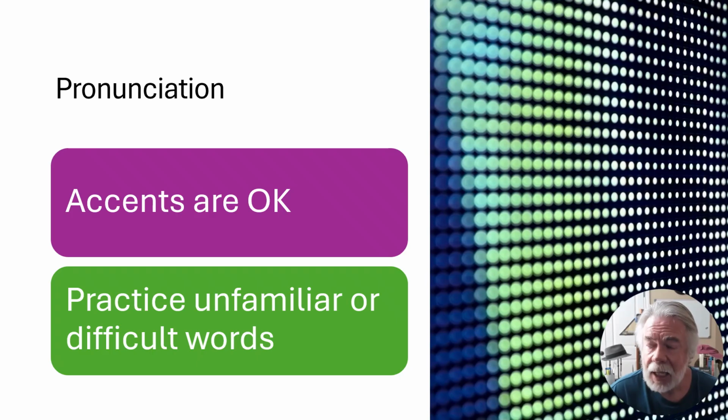It might be someone's last name, it might be just a word with which you're not familiar, but it's not a problem to have an accent, to be who you are. It becomes a problem, regardless of when and how you learned to speak English, if you mispronounce words in such a way that your audience can't understand what you're saying.